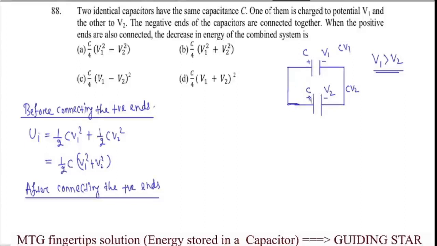Redistribution of charges will take place, and both the capacitors will achieve a common potential. So what will be the value of the common potential? Let it be V. What will be that value? Total charge divided by total capacitance. So it is nothing but total charge. Total charge is how much? So initially यहाँ पे चार्ज का तो रीडिस्ट्रीब्यूशन होगा.